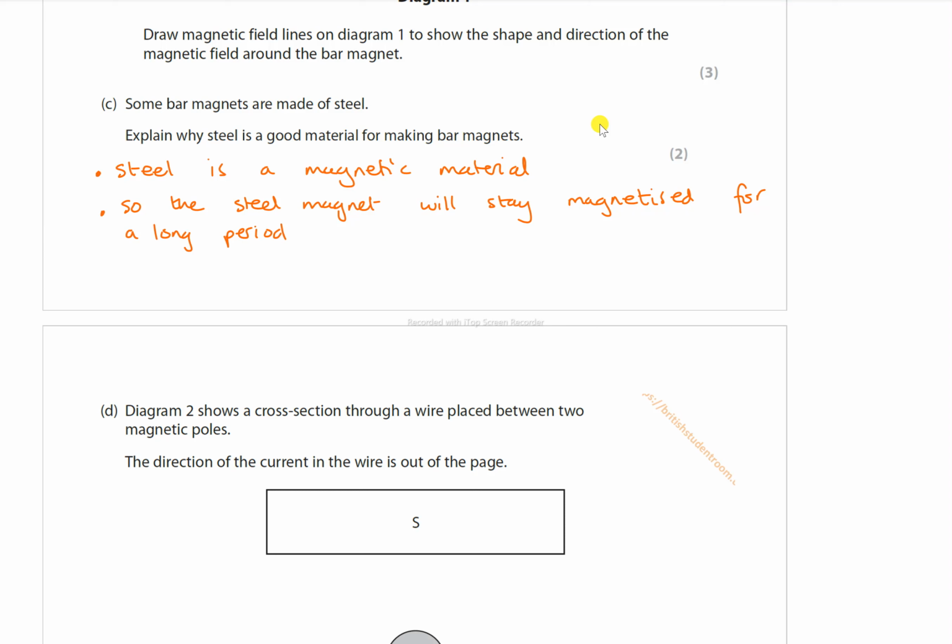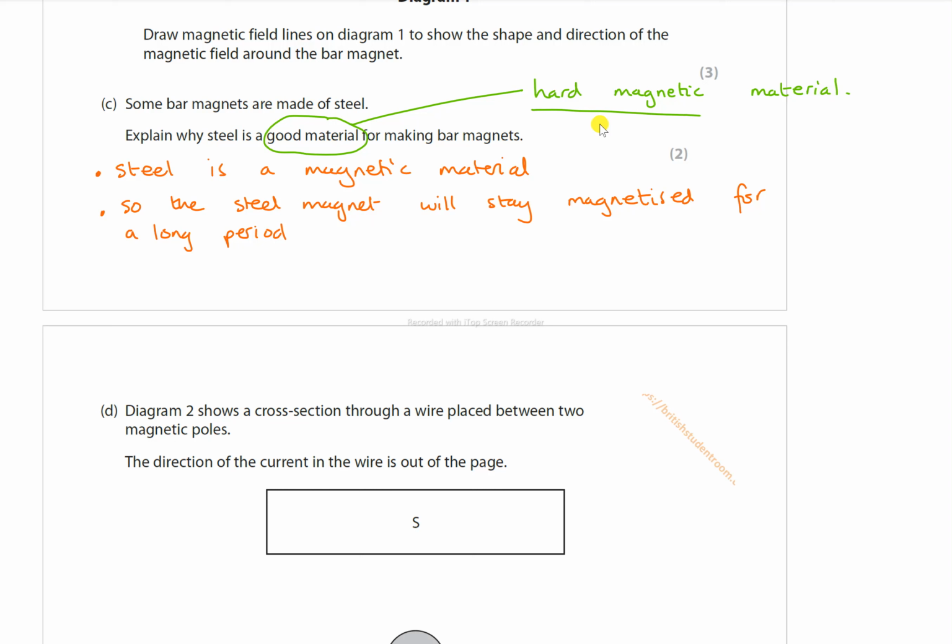Because it's a good material for making magnets, it's called a hard magnetic material.